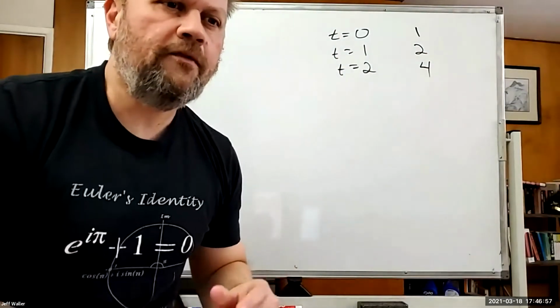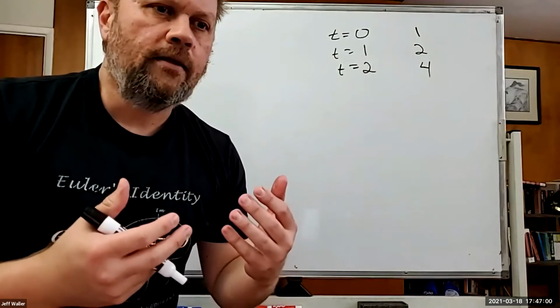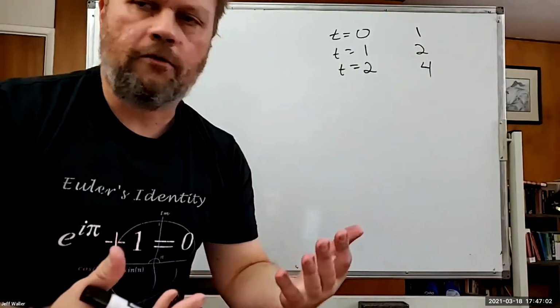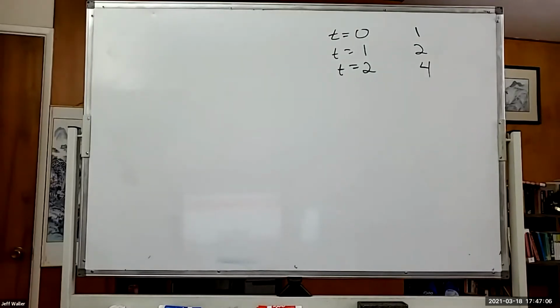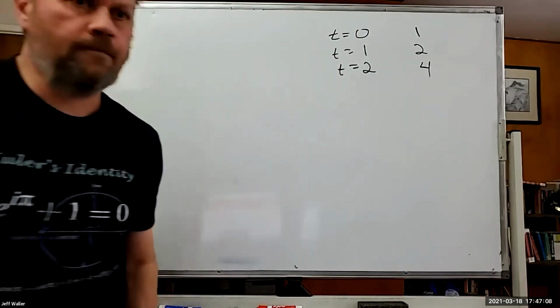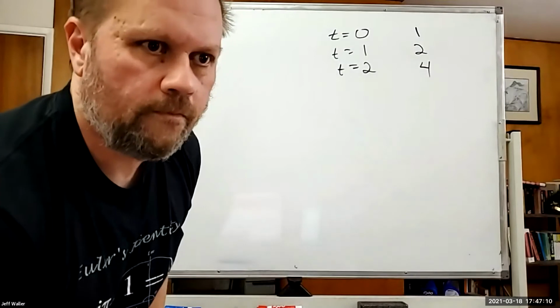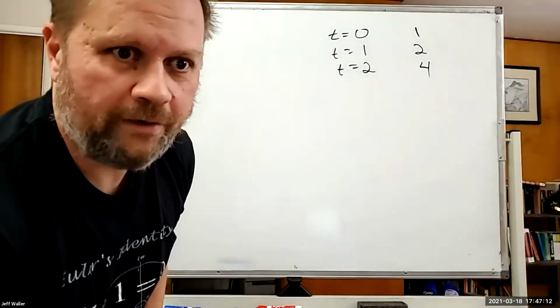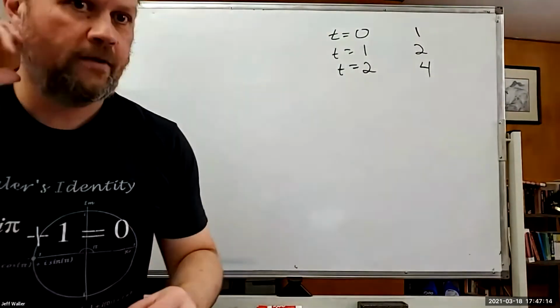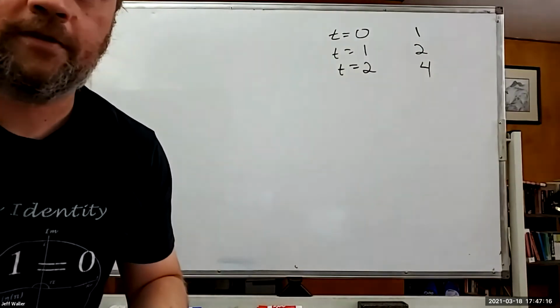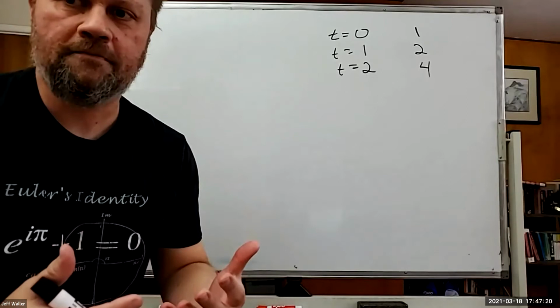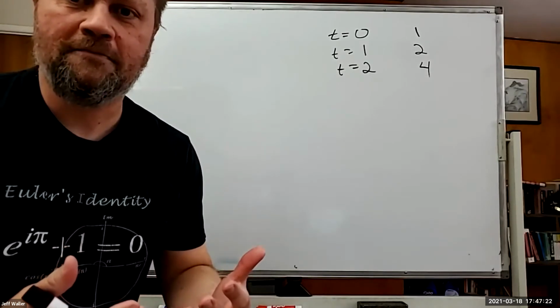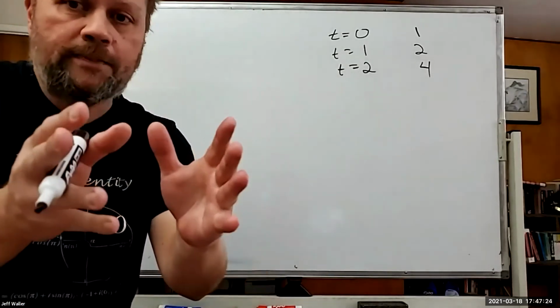Can somebody figure out how I write that in equation form? What does doubling mean? Exponential growth. Exactly.